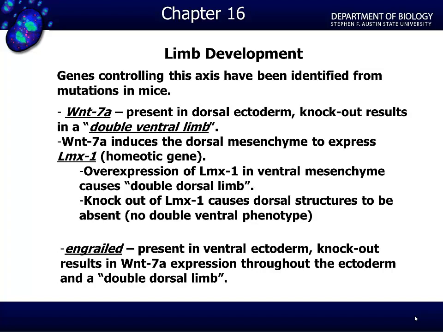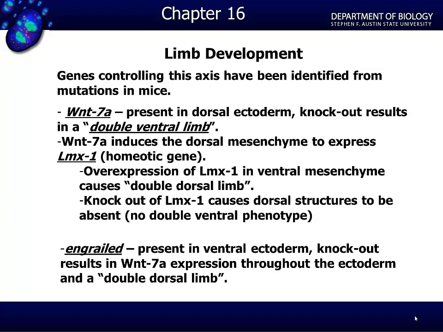Now, when we look at our ventral ectoderm, so far we have seen that we've got radical fringe and Wnt 7a expressed in the dorsal ectoderm. That's going to lead to the expression of LMX1 in our dorsal mesenchyme. Now, if we look at the ventral side, the ectoderm, we see engrailed, and this is going to be a protein produced there.